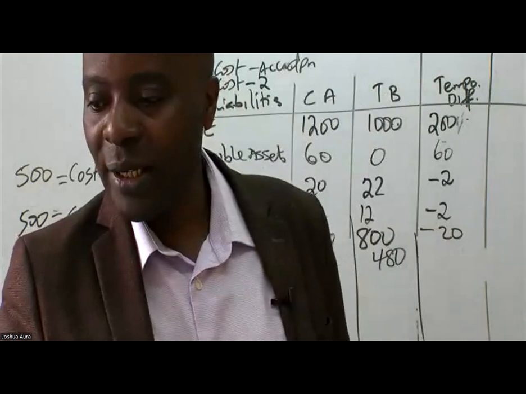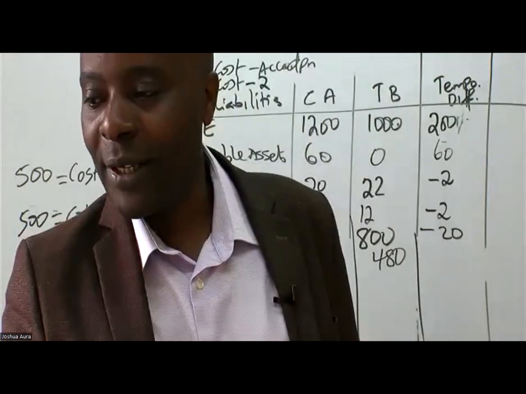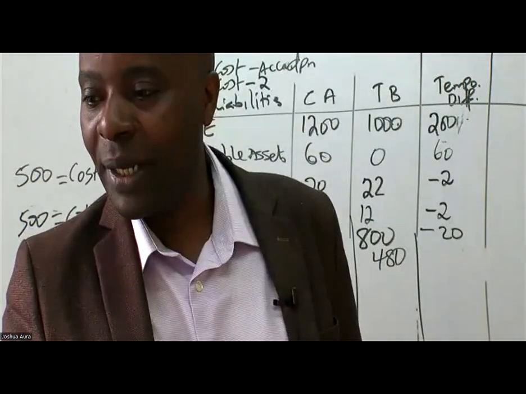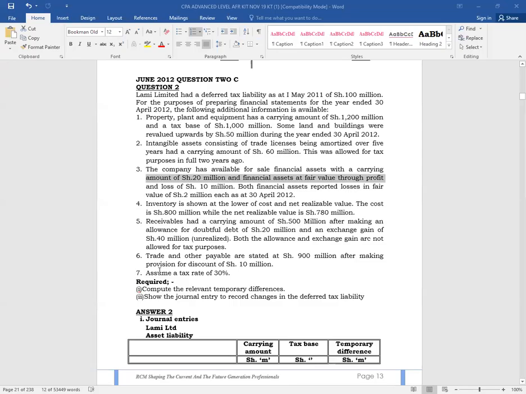So now we go to the last one, ladies and gentlemen, number 6. You are told the trade and other payables are stated at 900 million after making provisions for discounts of 10 million.